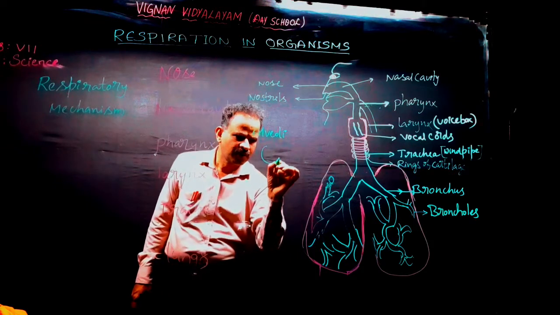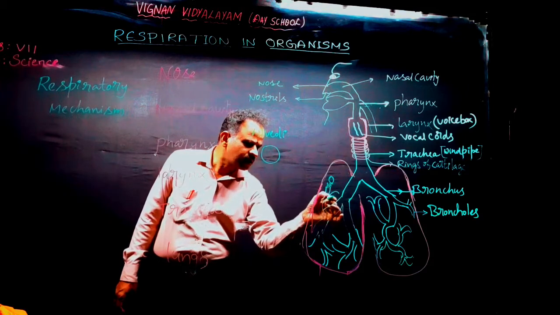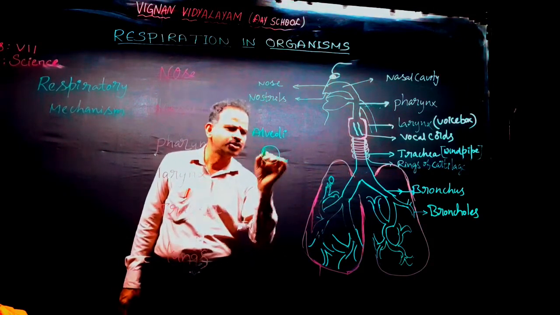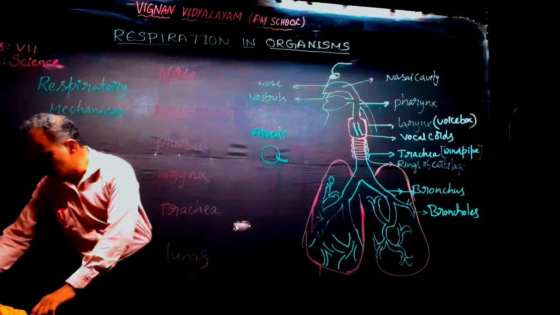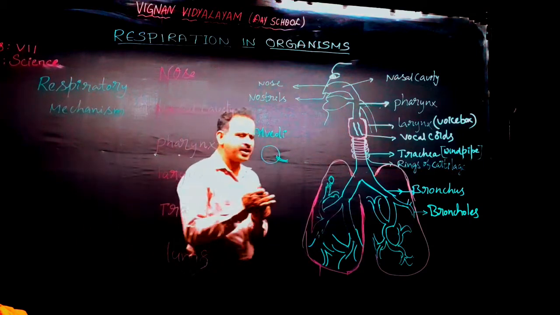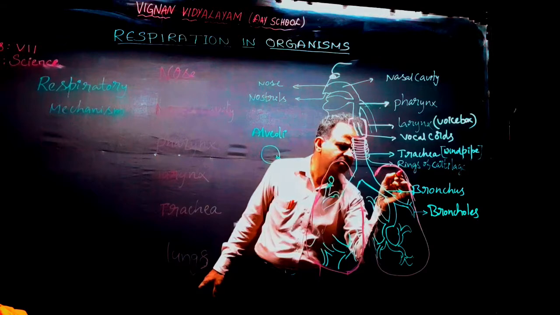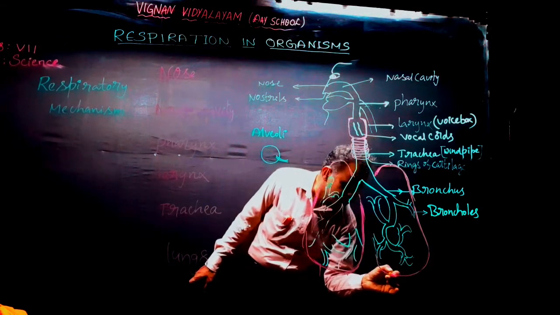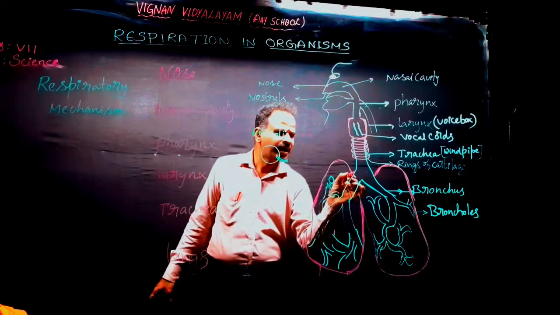So here these bronchus or bronchioles, the thinner tubes, enter into the alveoli. Okay children, this is the respiratory system. This is the respiratory system in the human body. So lungs.